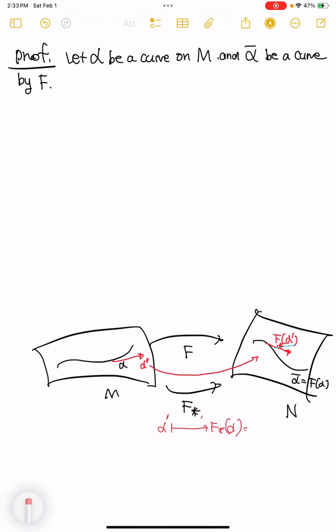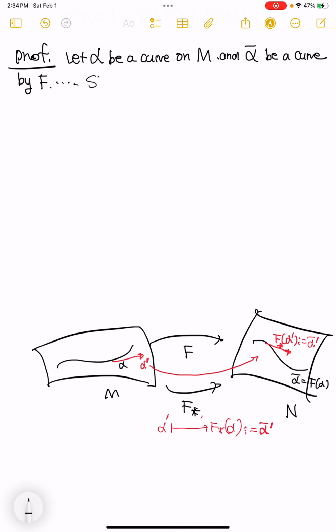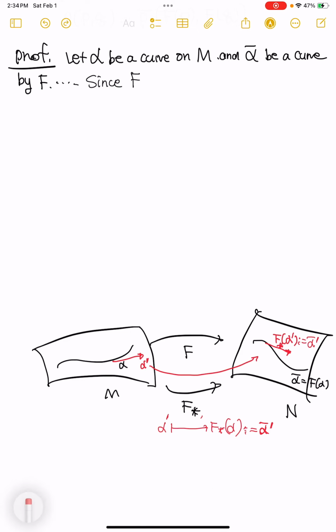We can define F star alpha prime. First, since F is an isometry, the length is preserved.